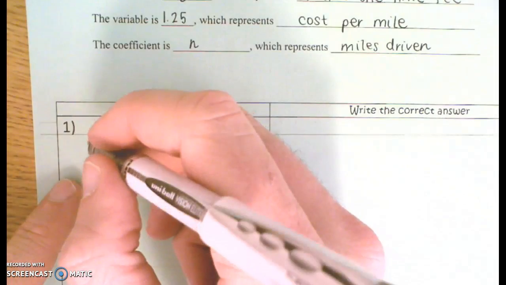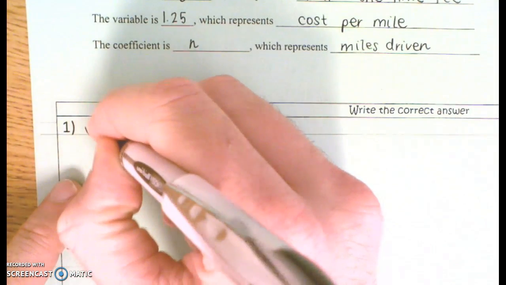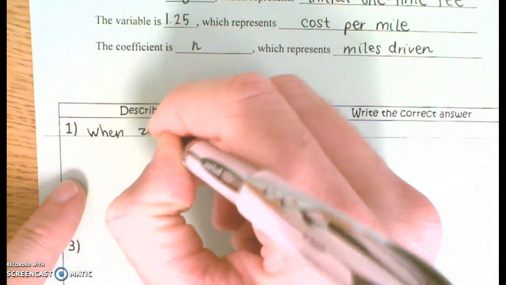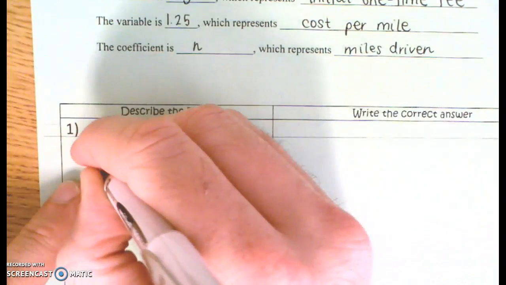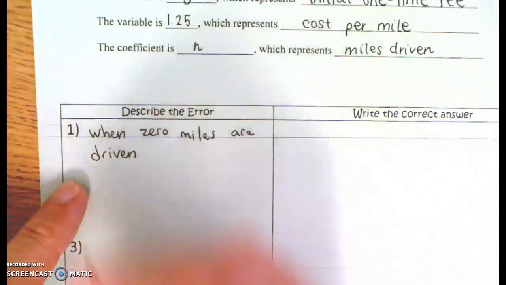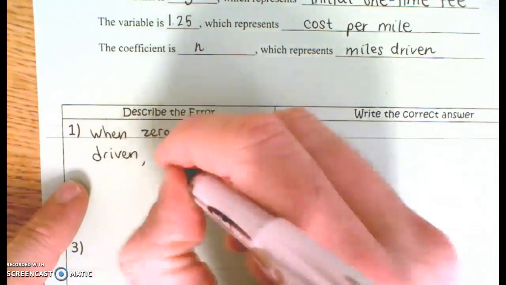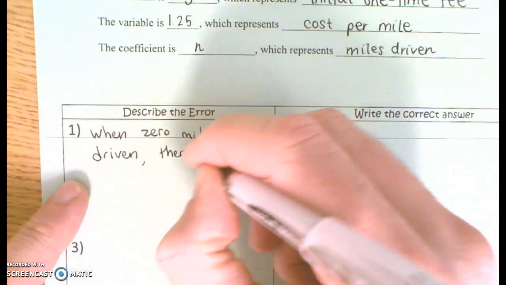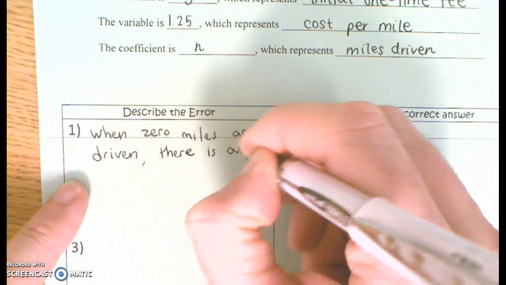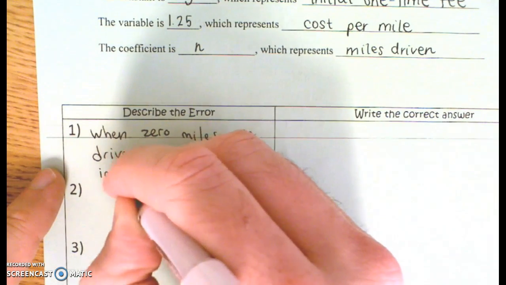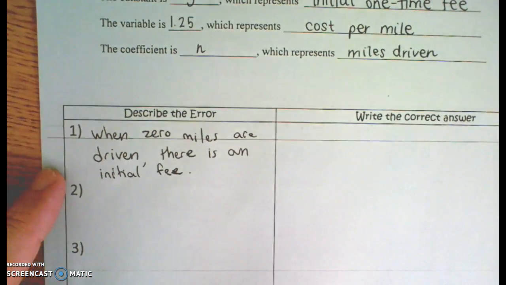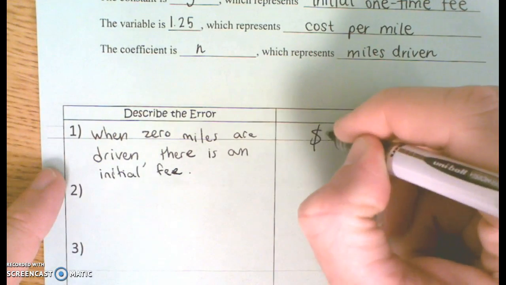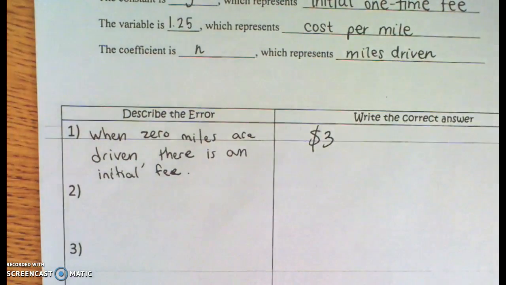So for right now, we can say when 0 miles are driven, there is an initial fee. And so the answer then should be $3 initially. Even if you don't drive anywhere, it's going to cost you $3 based on the problem.